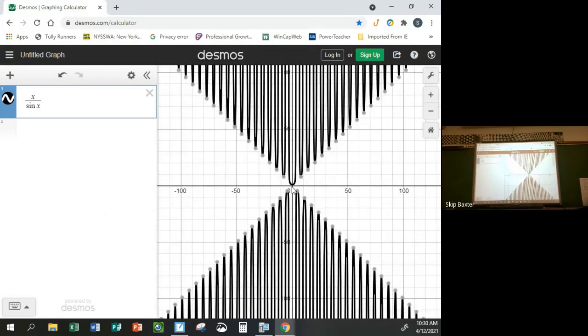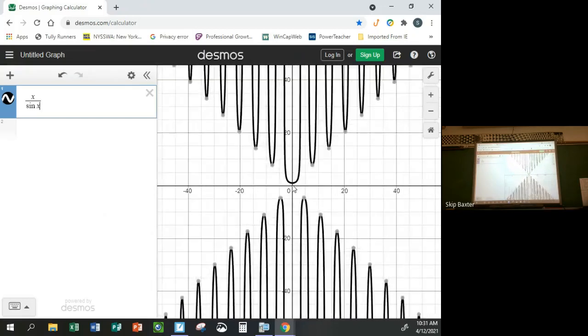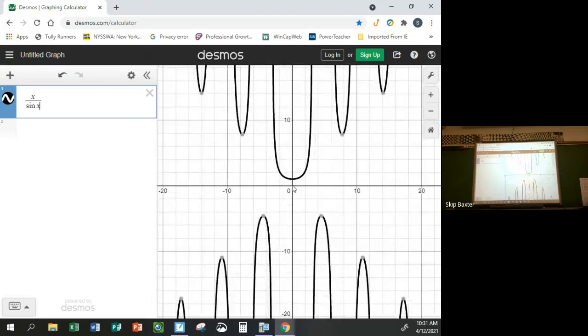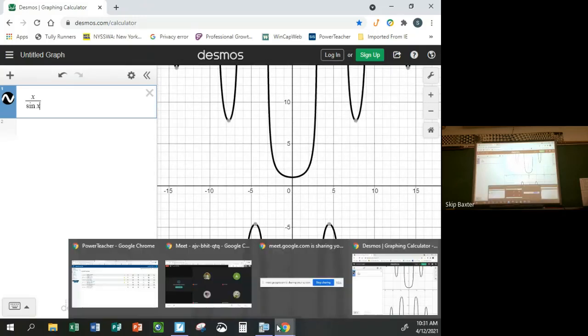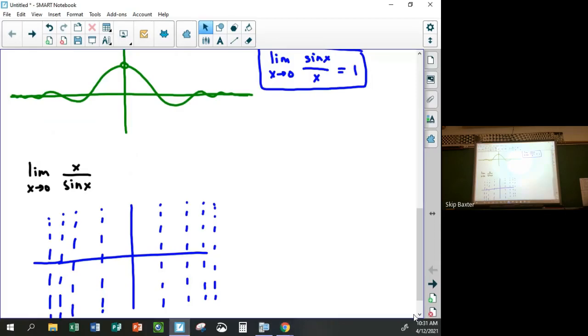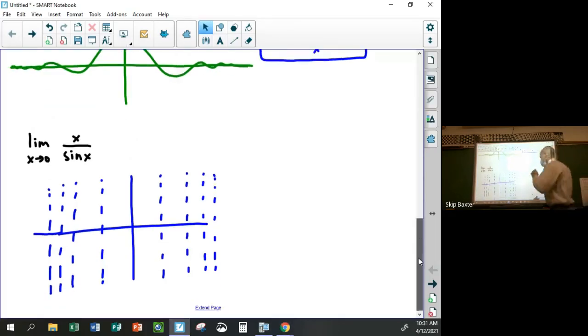It's sort of weird, but reasonable. If you think about what the graph of sine x over x looks like, it makes sense that these are getting like bigger and bigger y values, because the y values in the original graph are smaller. So it makes sense that their reciprocals are bigger, right? Kind of. So it ends up going like this.